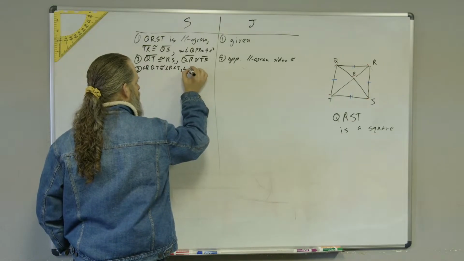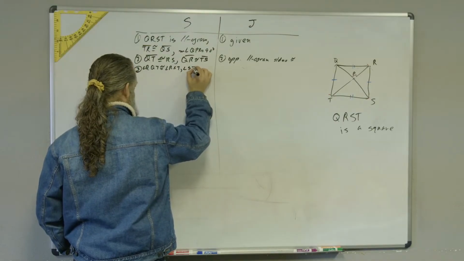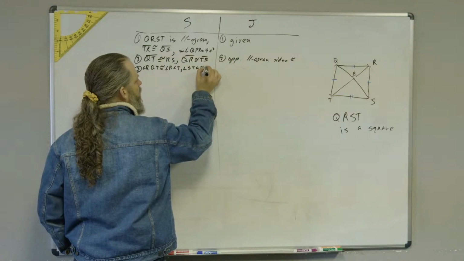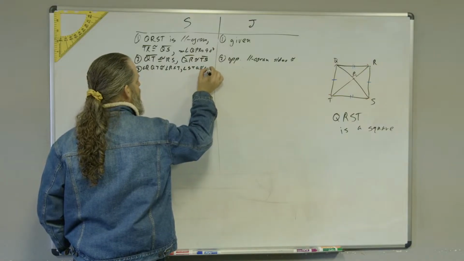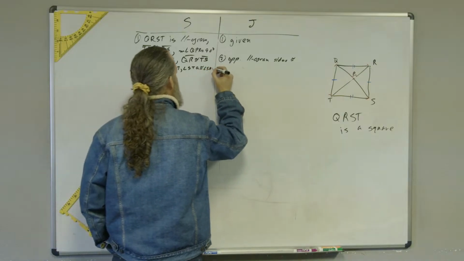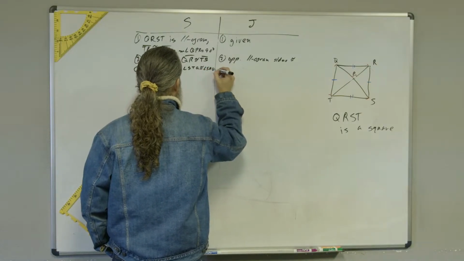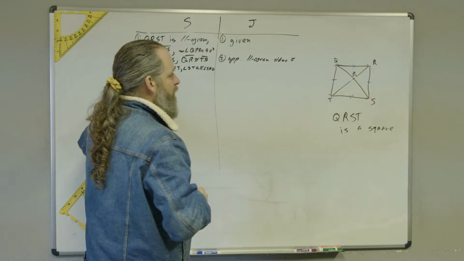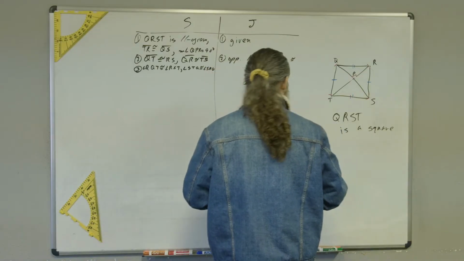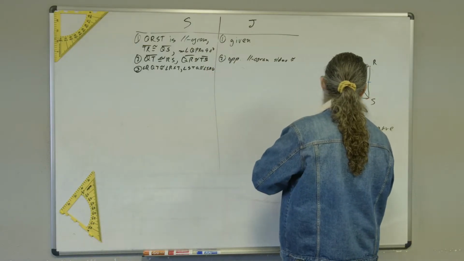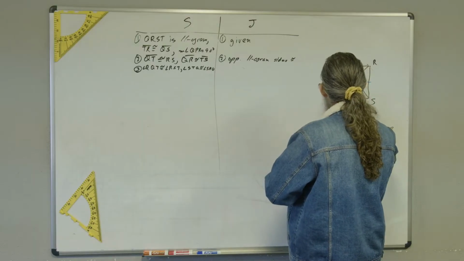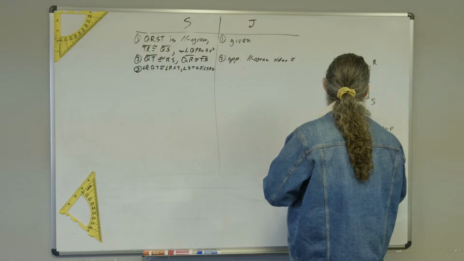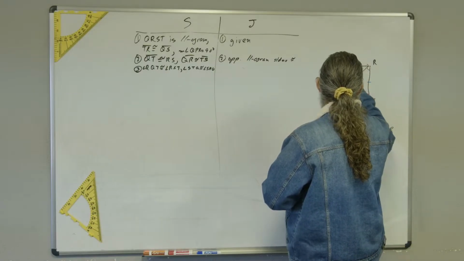So angle STQ is congruent to SRQ. That's fine. We will likely only use one or the other of these, but not both, but we may as well put them both. So this is congruent to this, and this is congruent to this.